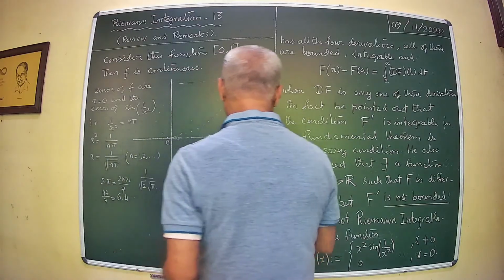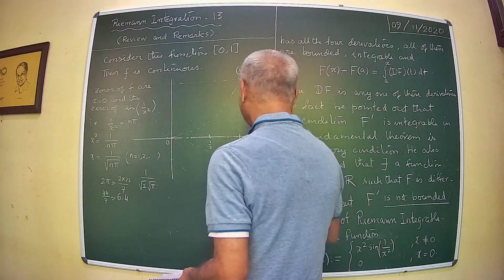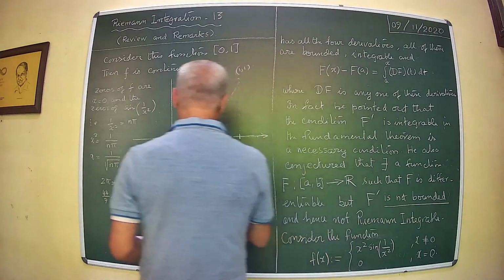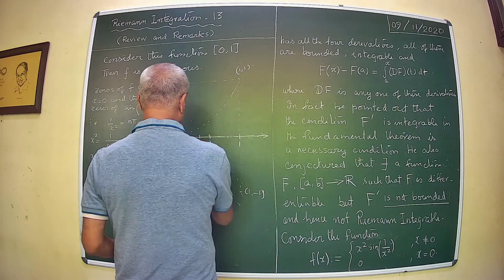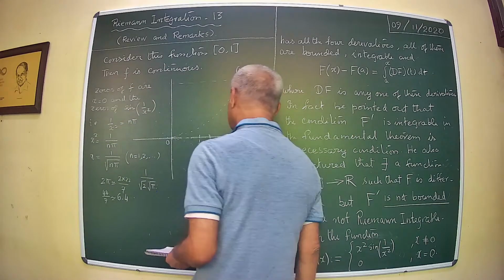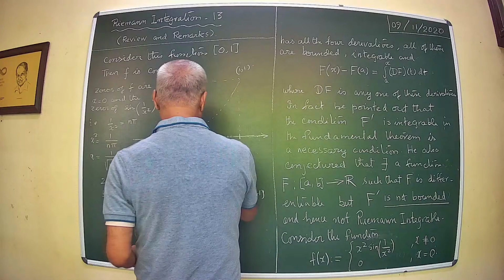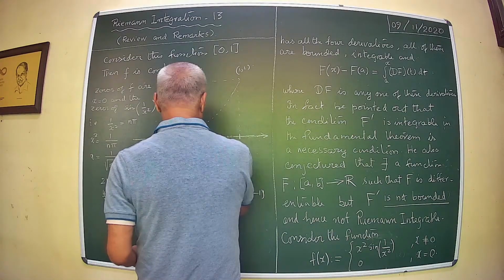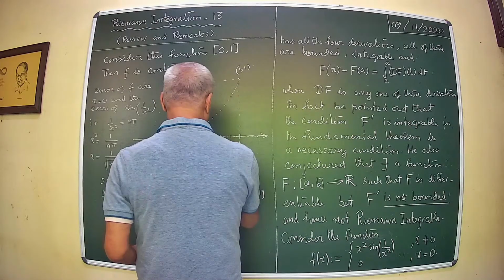Sorry, I think I have marked this wrong. So it's around 1 by 2 and somewhere here. So this is 1 by 2 pi.